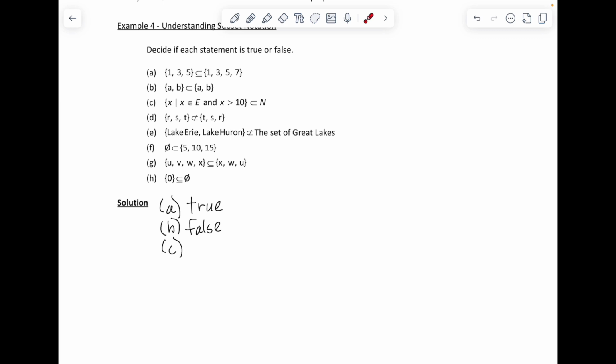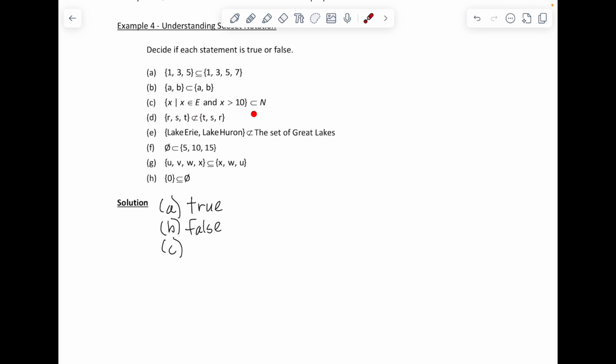Let's come down to C. This first set is in set builder notation. It says all x such that x is an element of E, so E would be the even natural numbers, and x is greater than 10. So this set would be the set of even natural numbers greater than 10.